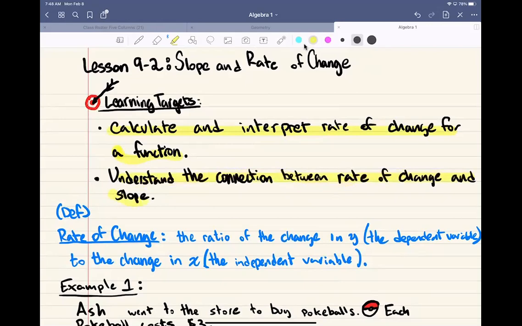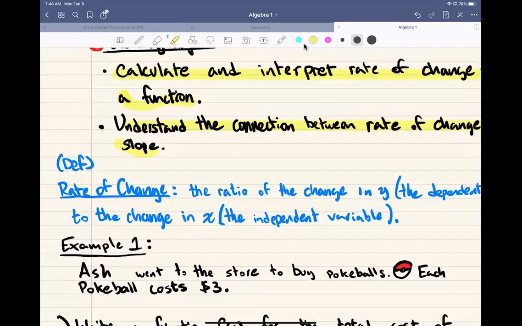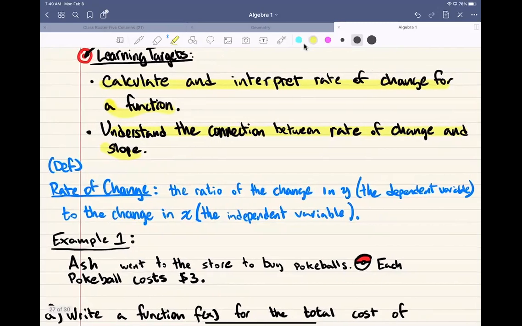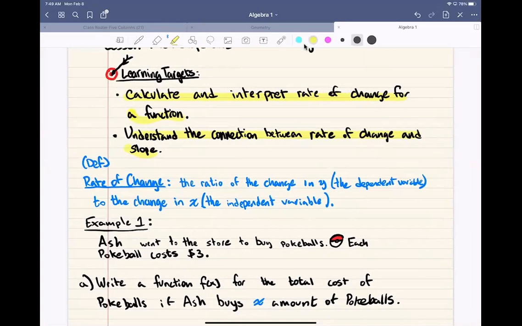All right. So before we begin, you guys are probably wondering what is rate of change. I have the definition written down right here. Rate of change is what we call the ratio of change in y, the dependent variable, to the change in x.